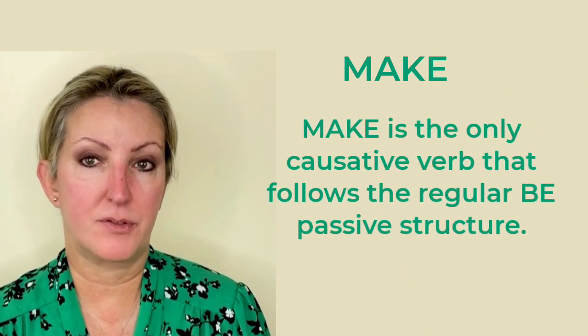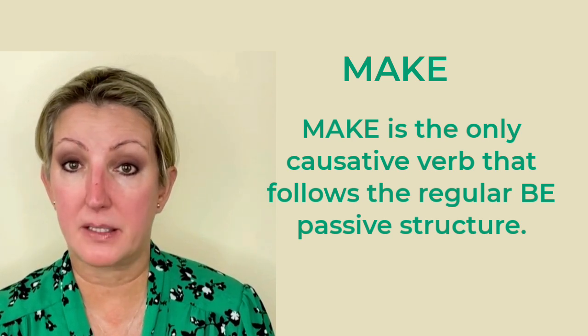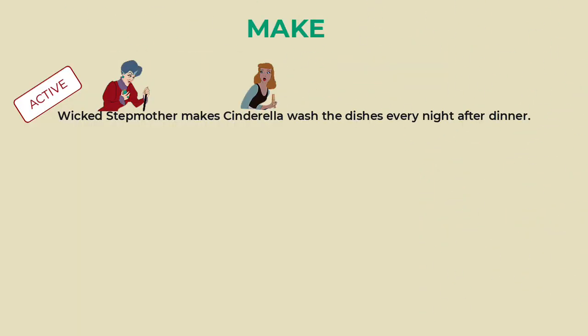Let's start with make. Make follows the be passive structure. In other words, you can turn this active causative into a passive causative. Active: Wicked stepmother makes Cinderella wash the dishes every night after dinner.